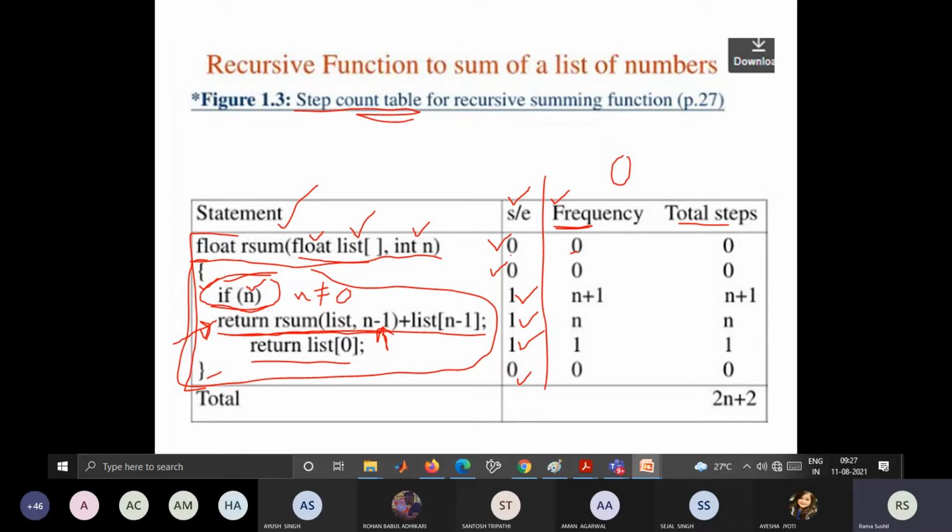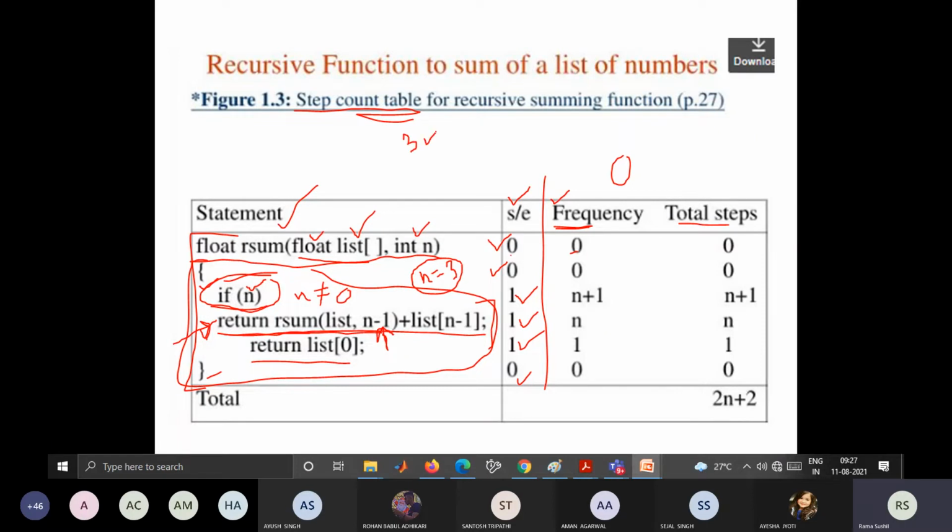So how many times will it execute in total? You can take an example. Let's say n is equal to 3. Do you find that this statement will execute 3 times? It will execute for the value 3.